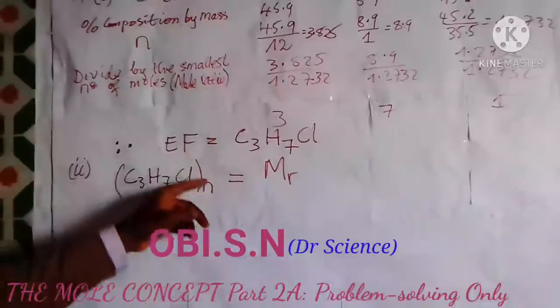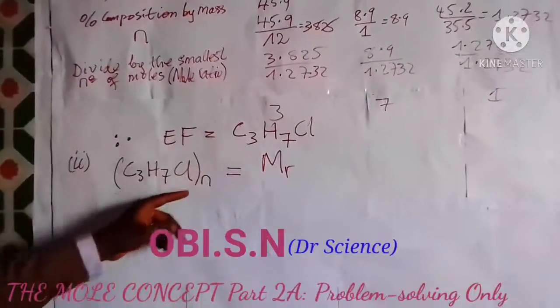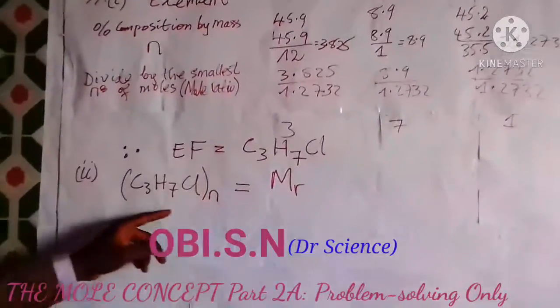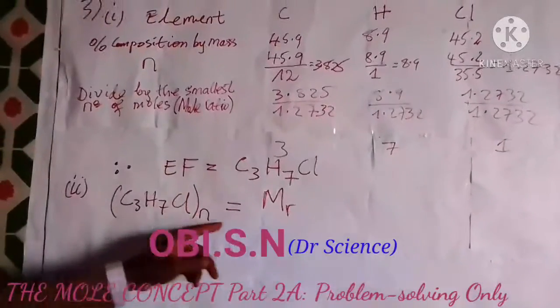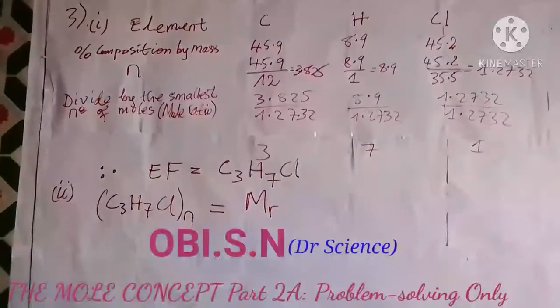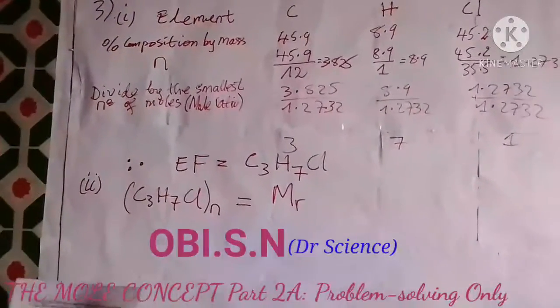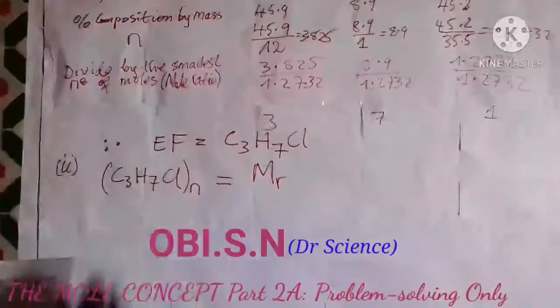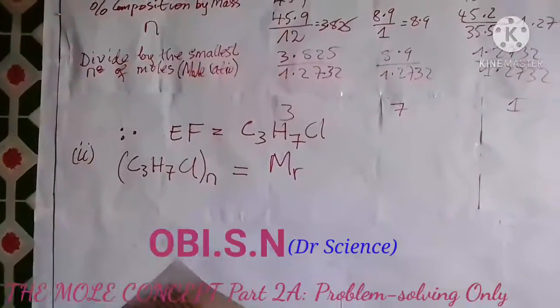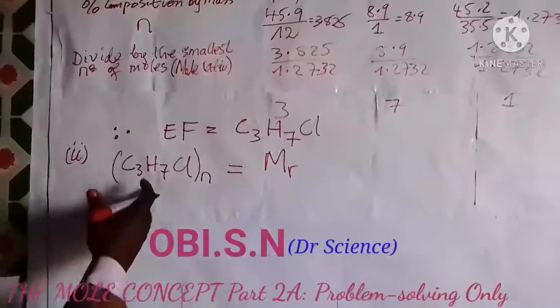When you sum all the relative atomic masses in this empirical formula, you will have the molecular mass of the halogenal compound that is given here. So let's start summing right away.